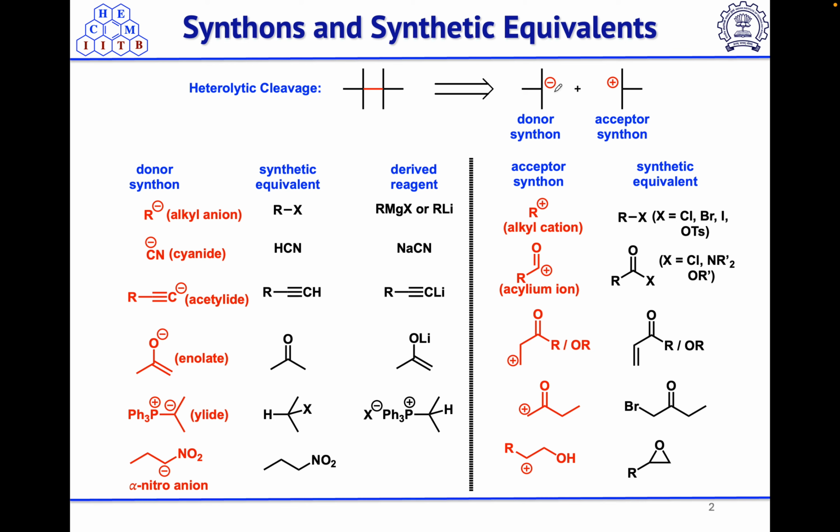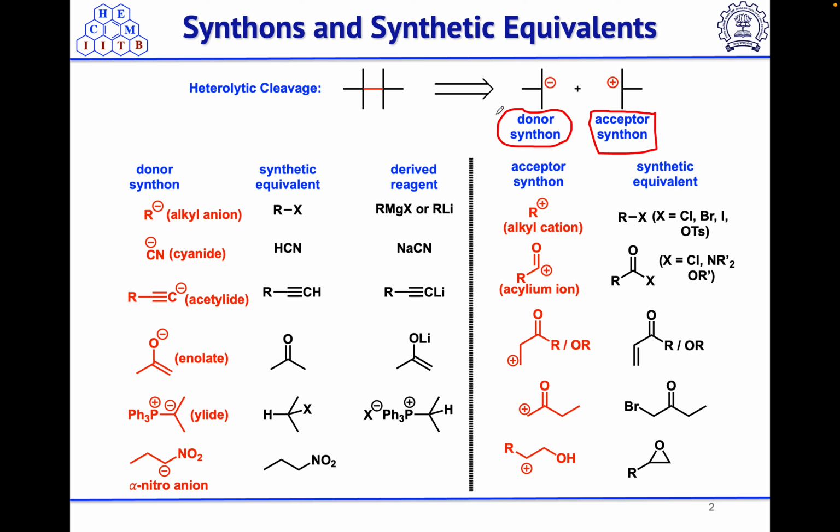Donor synthon, as the term says, donor means it can donate, so it should have electrons to donate. So this carbon we can call a donor synthon, whereas this carbon atom bears the positive charge or carbocation, so we call it an acceptor synthon. These donor synthon and acceptor synthon are known terms.